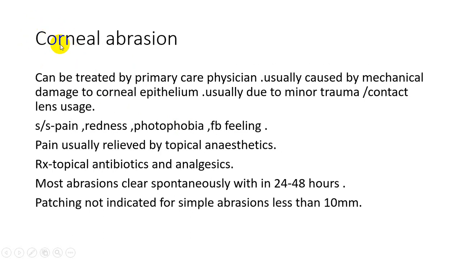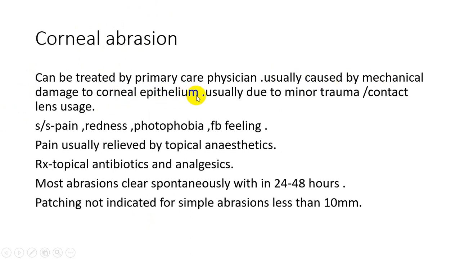It gets nutrition from surrounding vessels and the anterior chamber by diffusion, while the nerve supply is from the trigeminal nerve, first division, that means the ophthalmic division, through the long ciliary nerve.